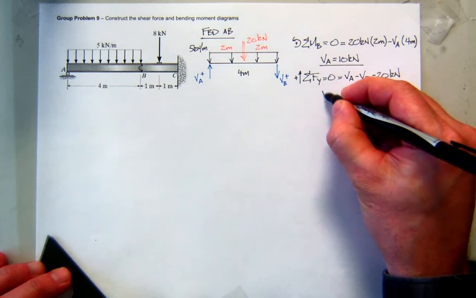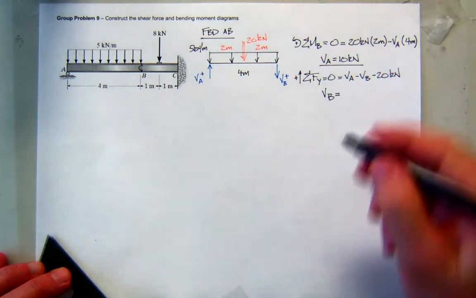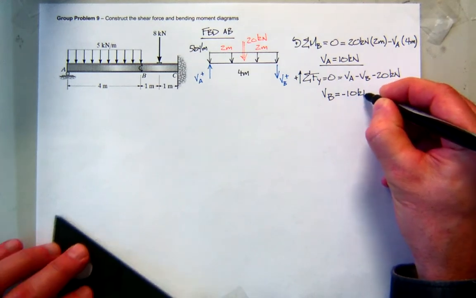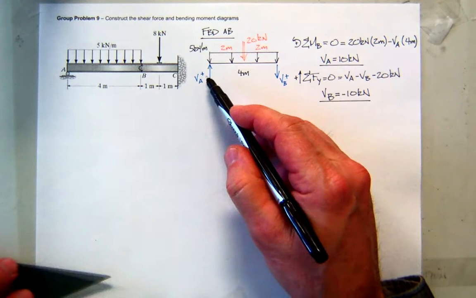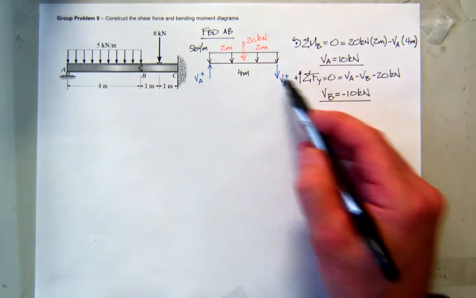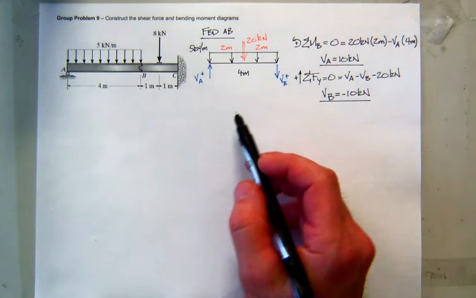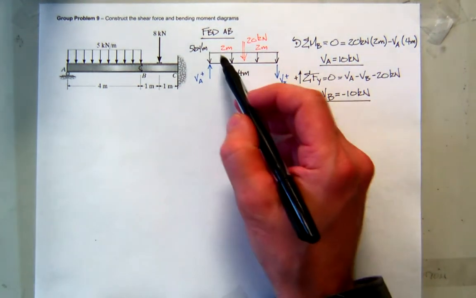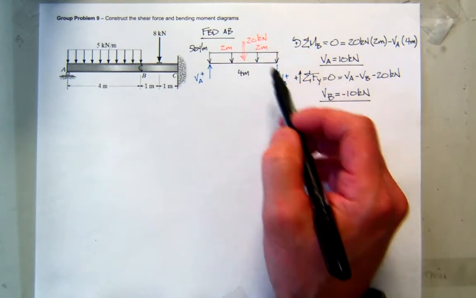So I should be able to solve for the shear at B. And it looks like it's negative 10. I'm sorry, positive shear at A, negative shear at B. So far, so good? That's pretty easy. That just looks like a simple supported beam with a uniform load, right? So basically the total load, 20 kilonewtons, is distributed equally to both sides.